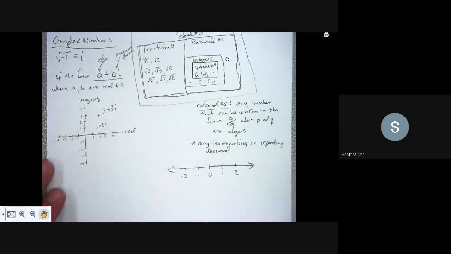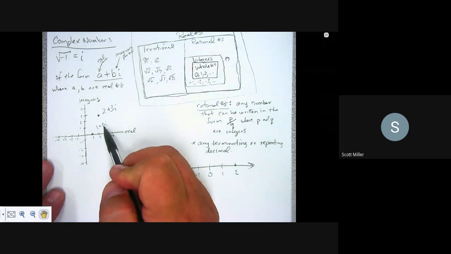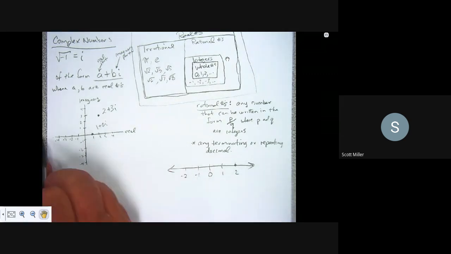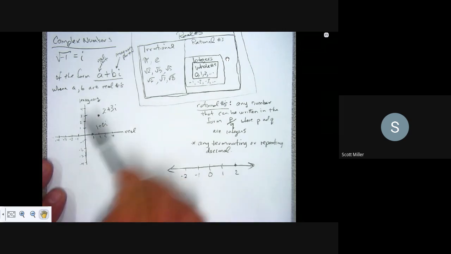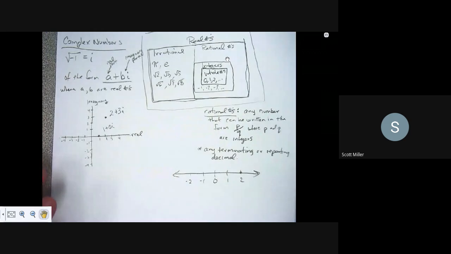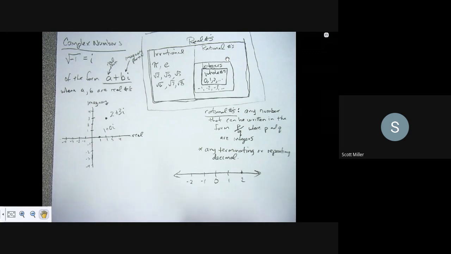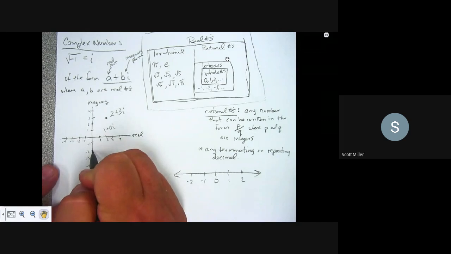So every real number you can think of in the complex world is that number plus 0i. The entire real numbers are just this number line right here. All this other space, forever and ever, in all the other directions, that's all the other complex numbers that are out there. So you can see the complex number plane is much, much larger than the real number line.